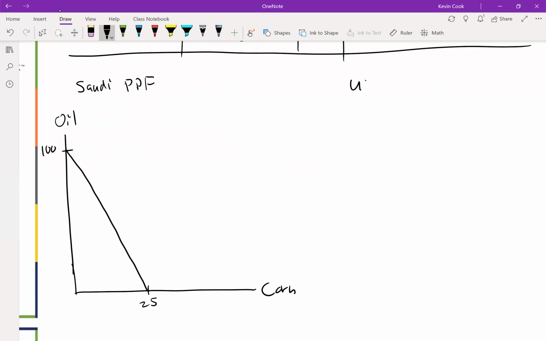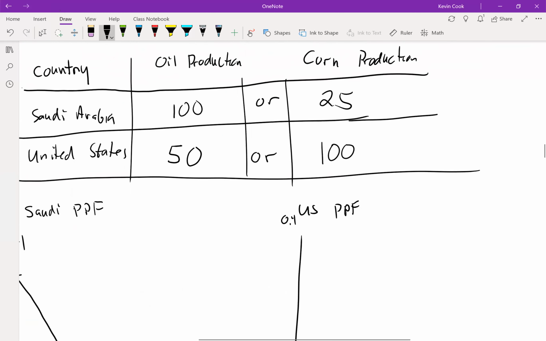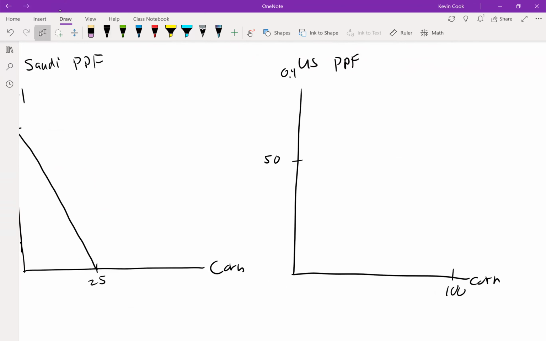And same thing with the US, their production possibility frontier. Again, we have oil and corn. So the US can produce either 50 oil or 100 corn. So we will denote that 50 or 100, and we will look something like that. And we can make any point on this curve. Whatever makes us happy, we can do.